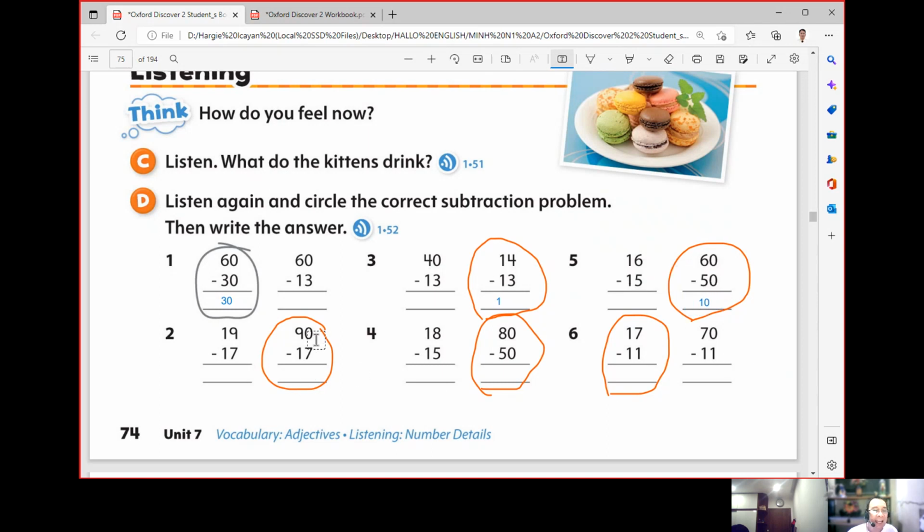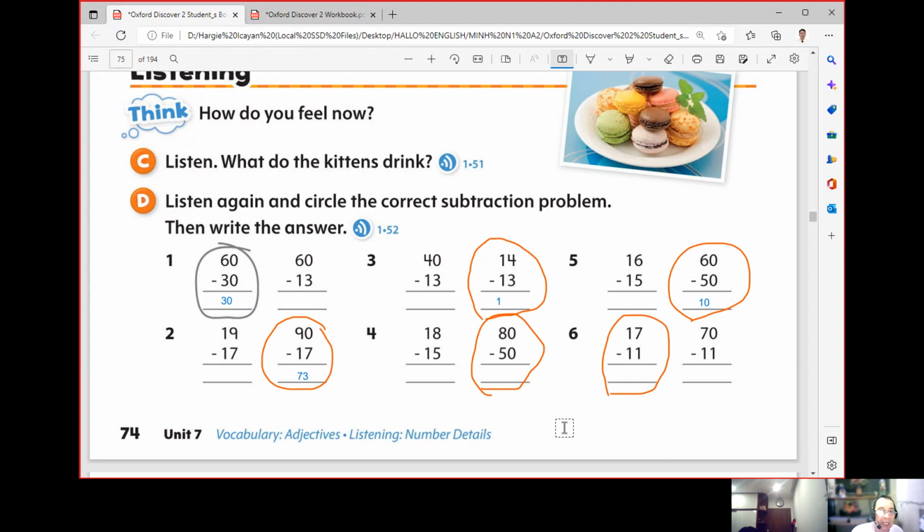Next. What about 90 minus 17? We have to borrow from 9, so 10 minus 7 is 3, right? And then what happens to 9? It becomes 8. So 8 minus 1 is 7. So 73.